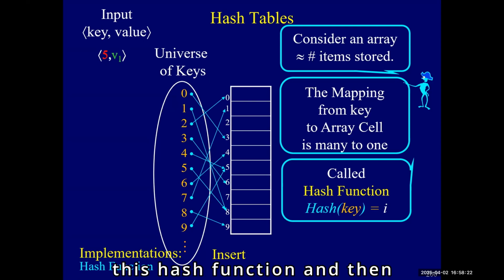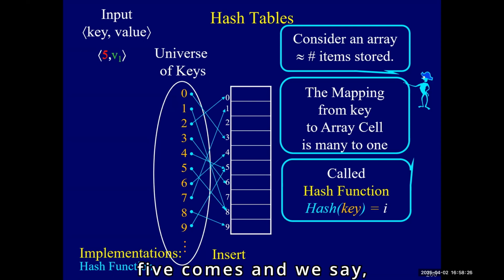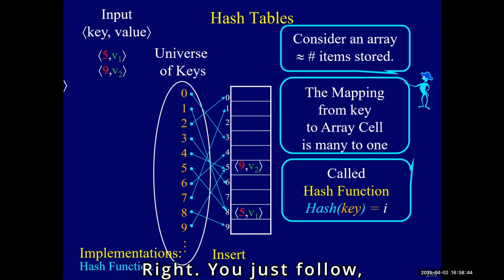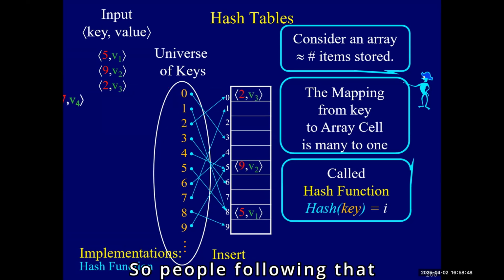All right, so we have this hash function, and then 5 comes, and we say, where does 5 go? Well, you see 5 goes down here, right? And you see, where does 9 go? Well, 9 goes up to 5, right? So you put it there, right? You just follow the hash function. So people following that?